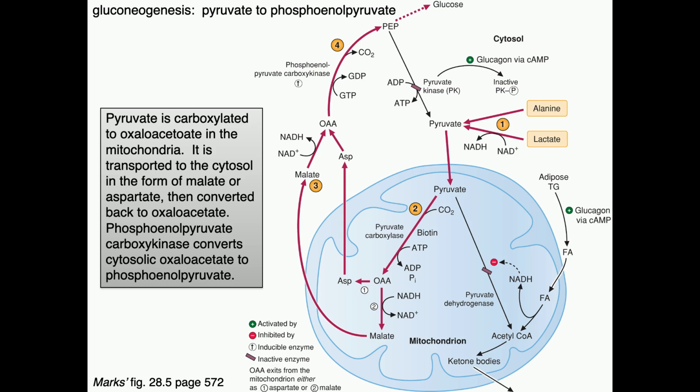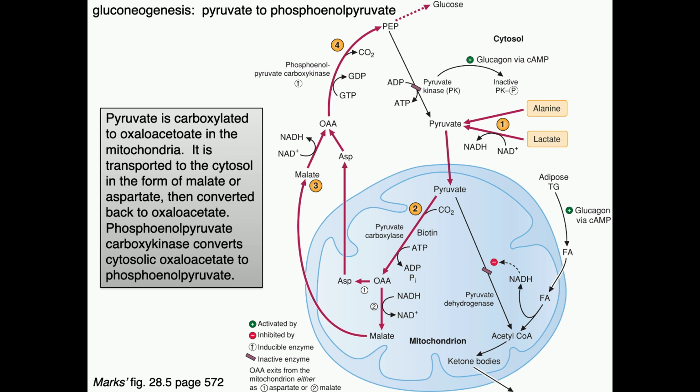Now, in the liver, we're doing gluconeogenesis at the same time we're doing a lot of fatty acid beta oxidation. So the consequence is that we have a lot of NADH around. NADH is going to be inhibiting the pyruvate dehydrogenase reaction, because NADH is a product of that reaction, and that's going to block it from going this way.